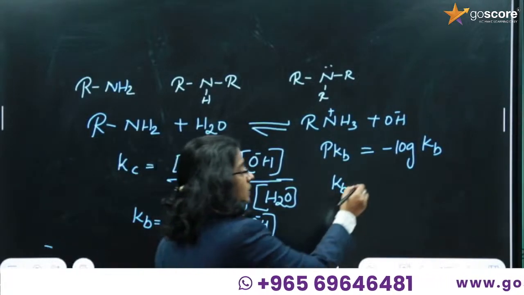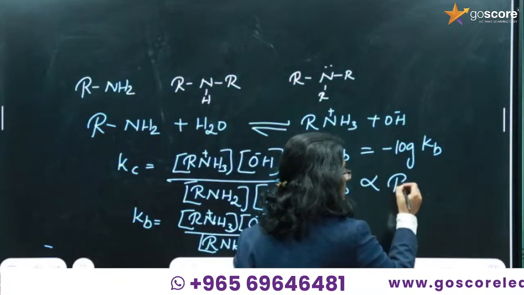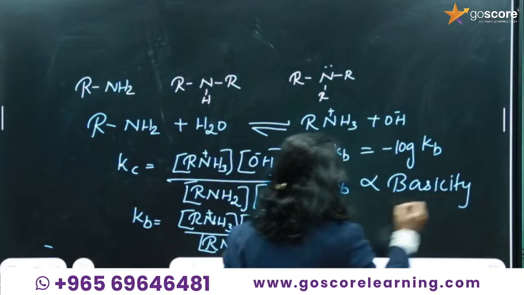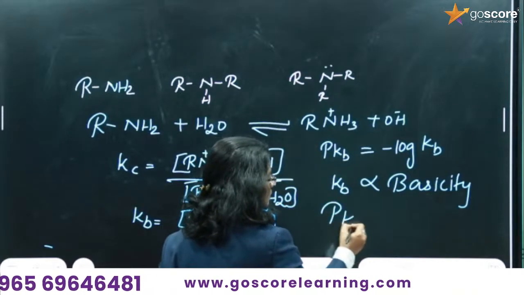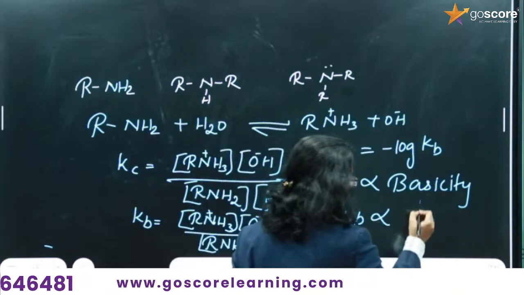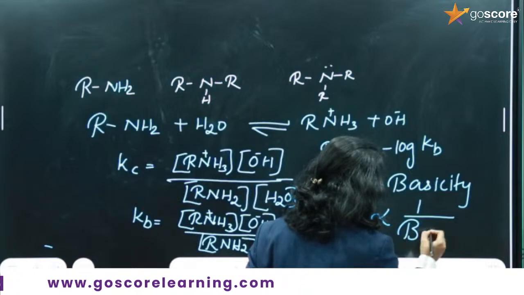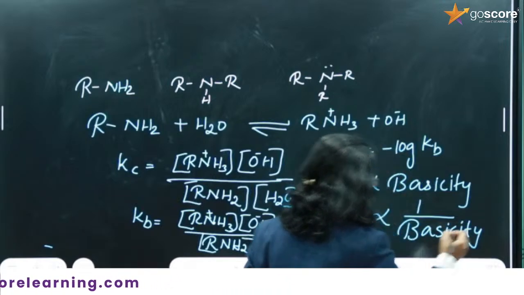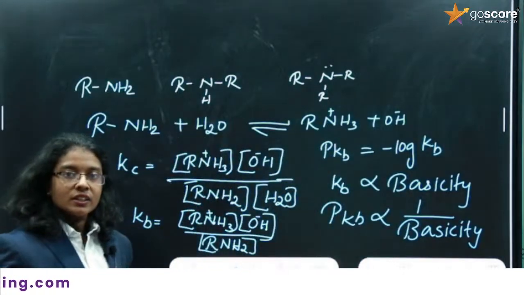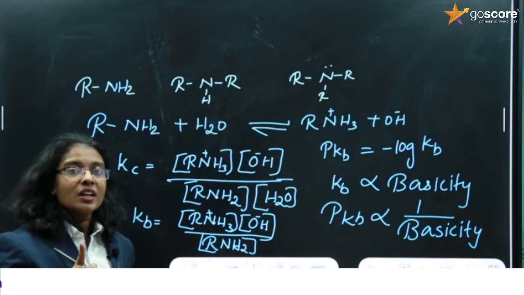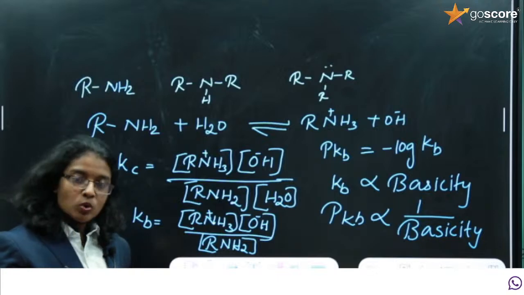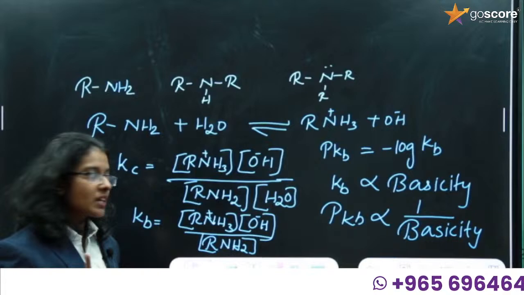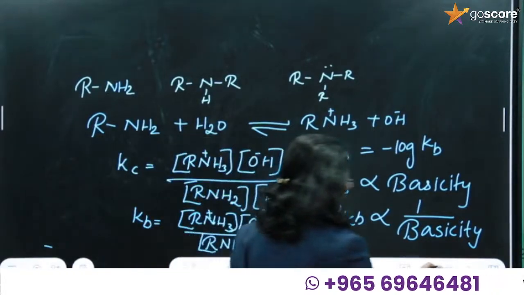That is, Kb is directly proportional to basicity, and pKb is inversely proportional to basicity. Is it clear? So remember, larger the value of Kb or smaller the value of pKb, stronger is the base. Okay.